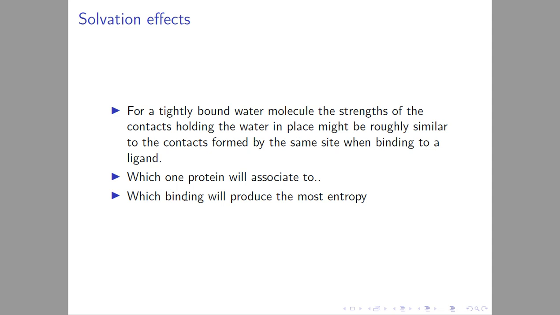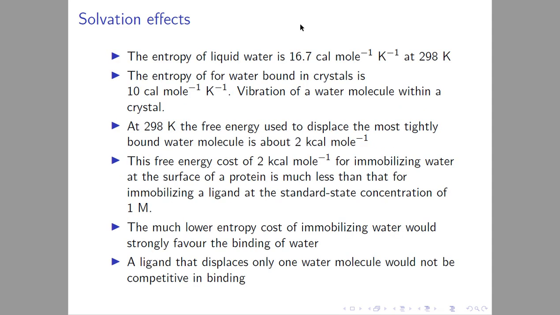And which binding will produce the most entropy? Either the protein binds with water or the protein binds with the ligand. So dissociate the entropy. Next is the solvent that we use.